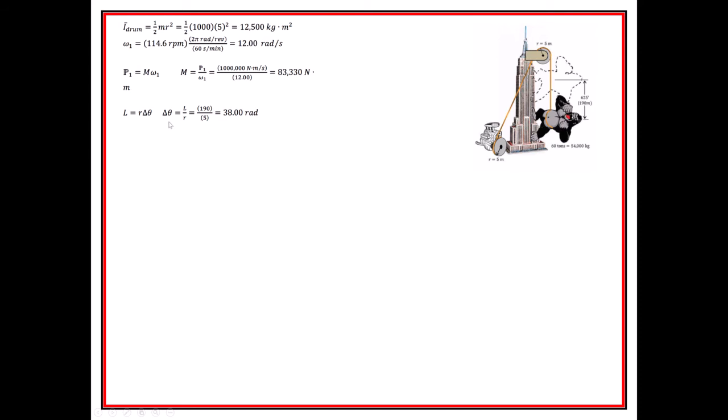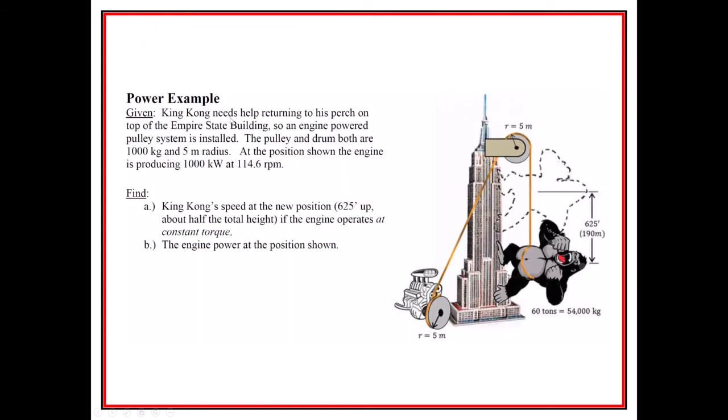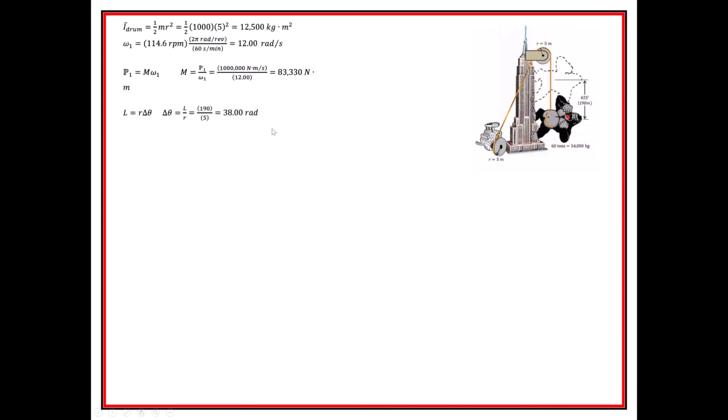Okay, so what we want to try to do is find out how many rotations of the engine that is going to take. So we know that it's moving 190 meters. Okay, so that's how far he's moving up. And we divide that 190 by the radius, and that's going to give us the delta theta that this engine is going to turn.